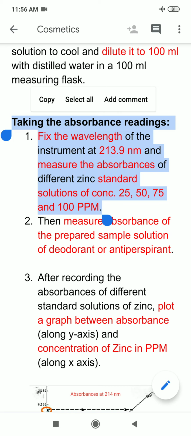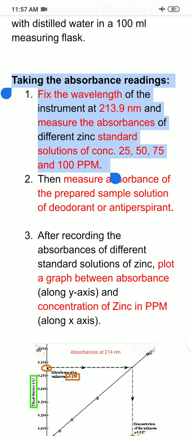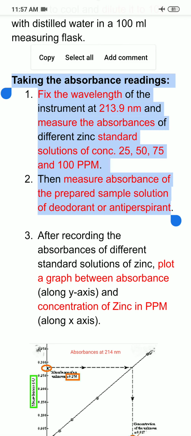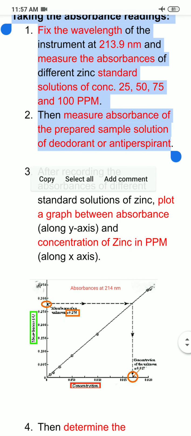So when you have absorbances of all these concentrations, then you need to measure the absorbance of the prepared stock solution of deodorant or antiperspirant.